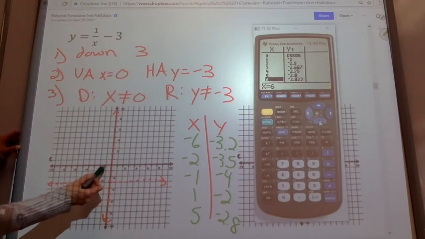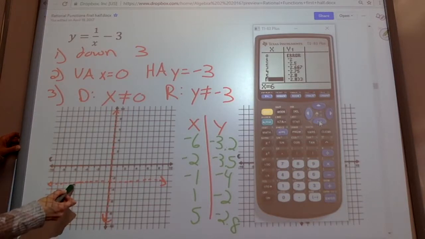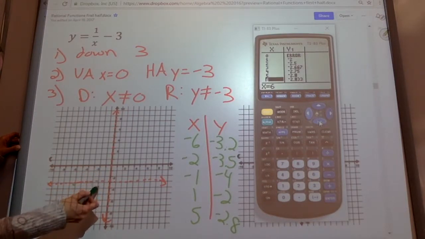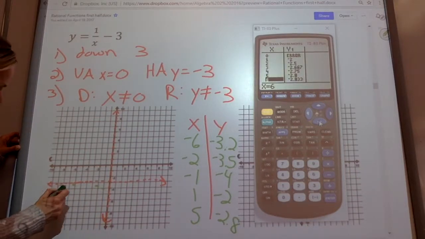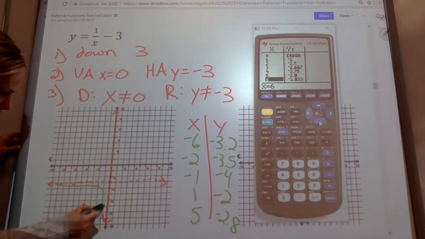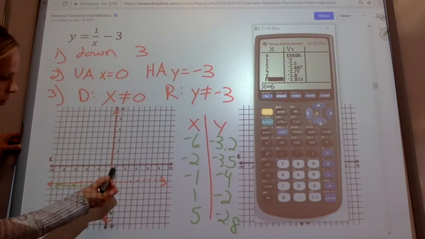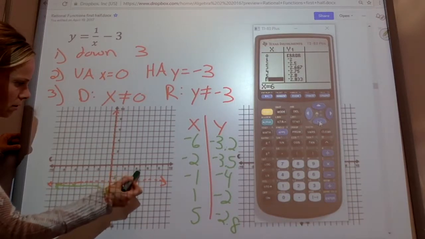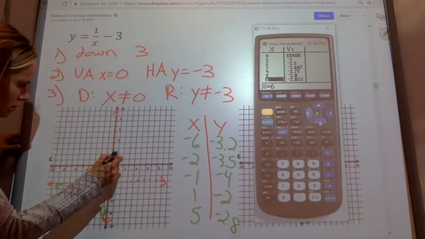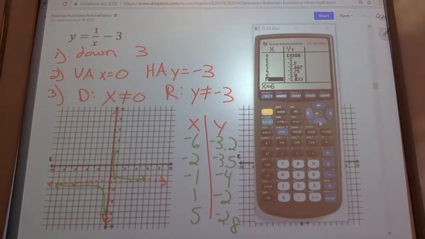And then you graph those. Here's my first, and again, remember you're just going to get really close to the asymptotes but not touch them. So that kind of helps you graph it. So it looks like that.